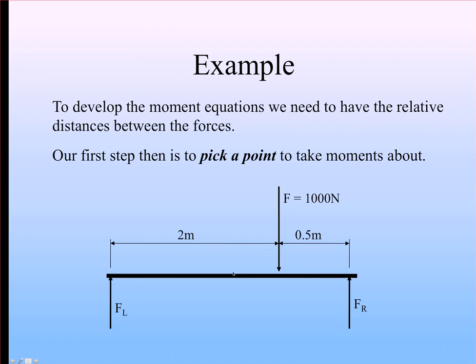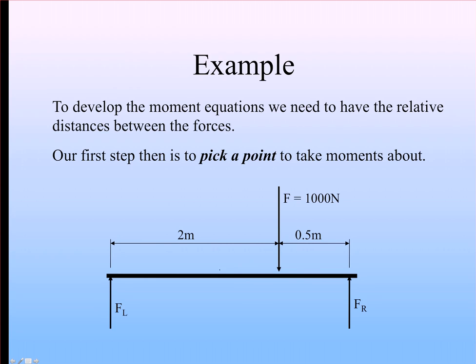Because this is not going to rotate, we can pick any place as a theoretical point of rotation and say that the moments causing positive rotation will equal the moments causing a negative rotation. Now, we could choose this point right here if we wanted to.